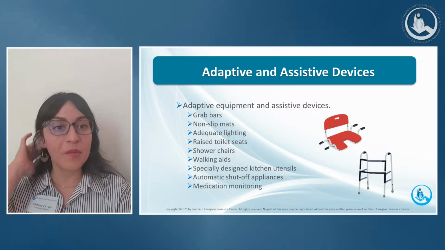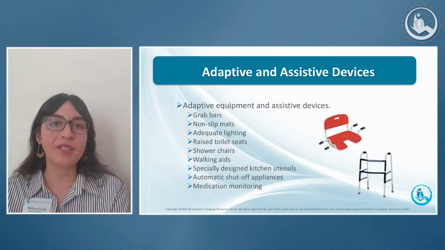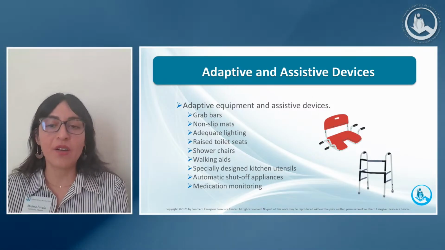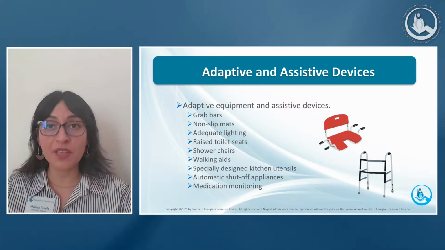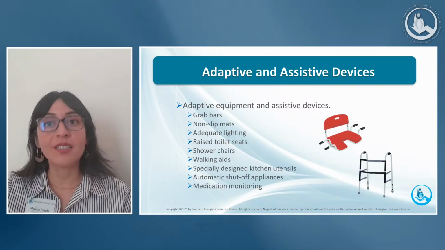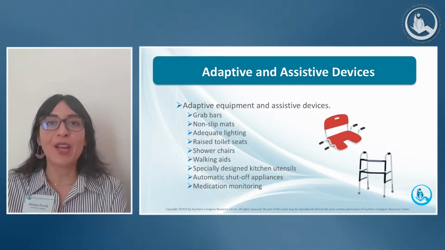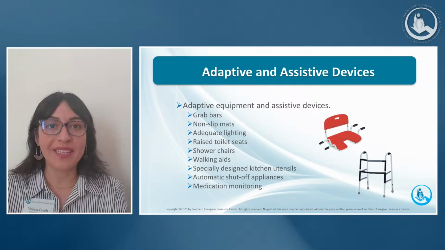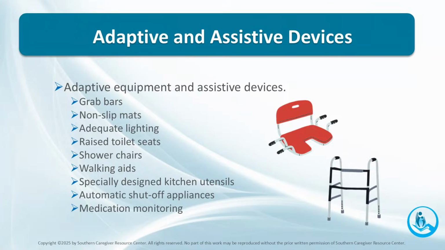So to expand a little bit more on this, how can caregivers help their care receivers maintain independence? How can they help them maintain their dignity, their safety, while they still need assistance with their ADLs and IADLs? Well, thankfully, there's adaptive equipment and assistive devices. And these really are crucial tools for independence that help adapt the environment, right? As you see here in the slides, this is not a complete list.